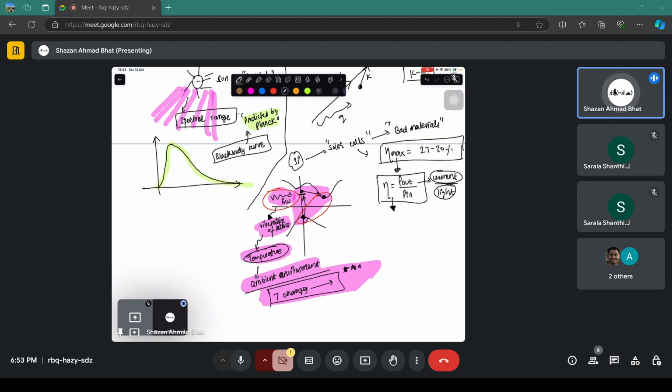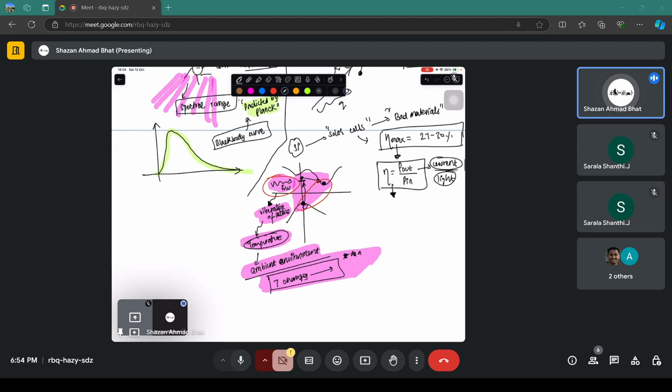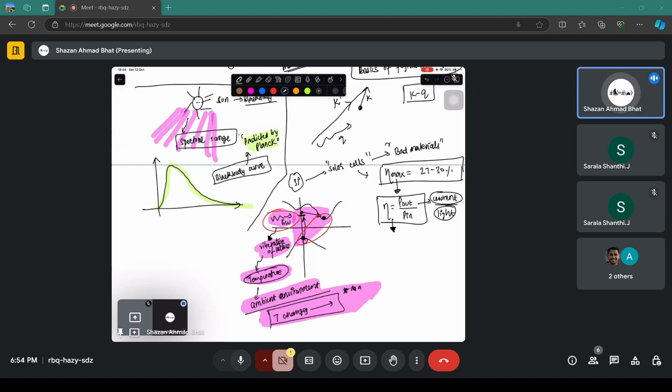If somebody's interested, you might look it up. This curve started quantum mechanics in a way, because people were not able to explain why this particular spectral range occurs in nature itself.